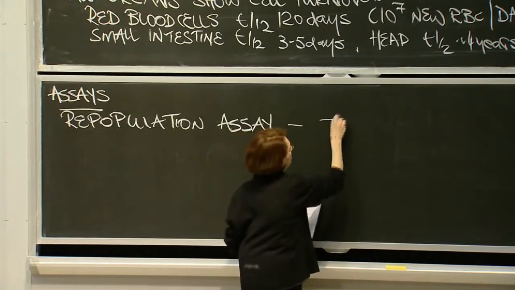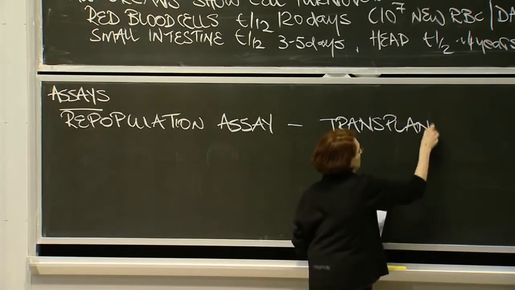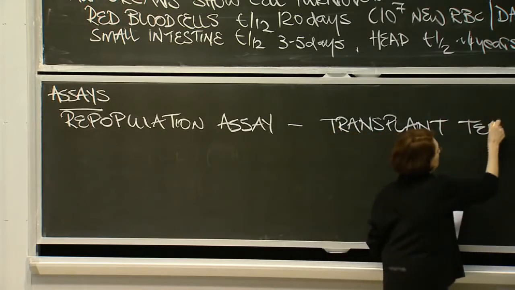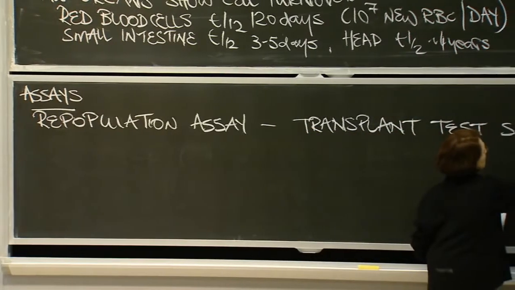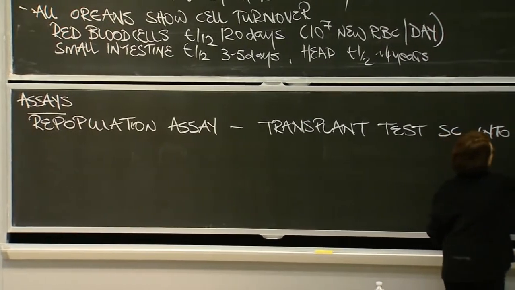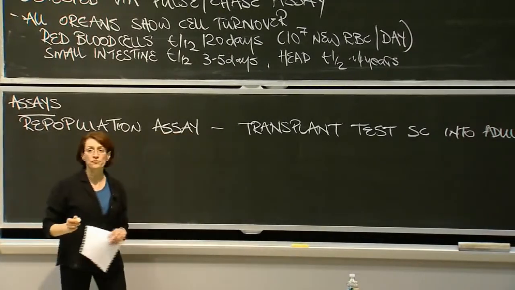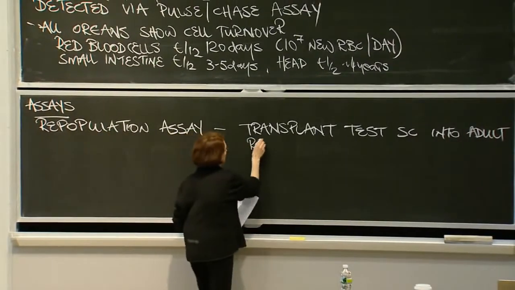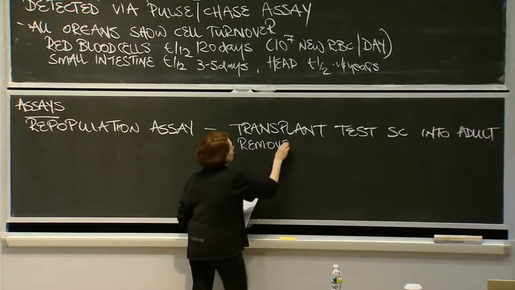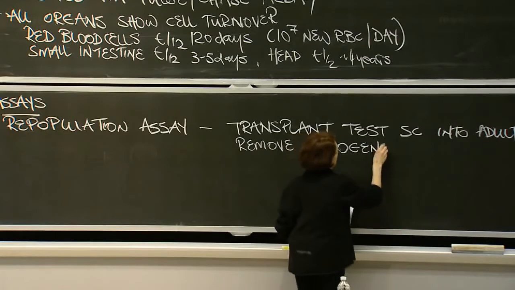And this is a transplant assay where you're transplanting test stem cells into the adult. And you've removed from the adult endogenous cells that might be competing with those stem cells.